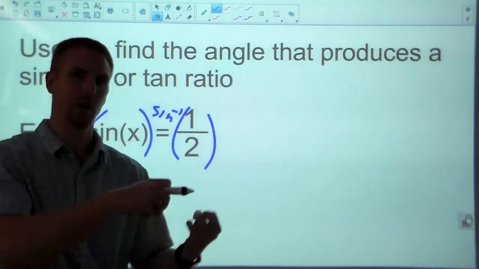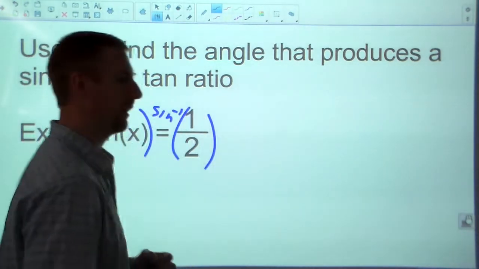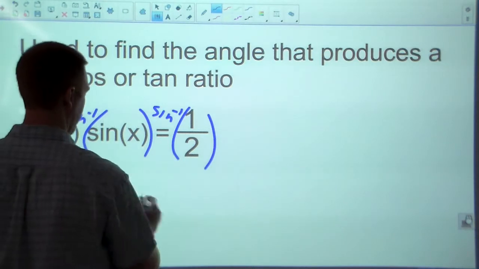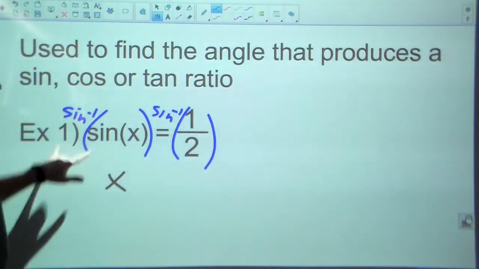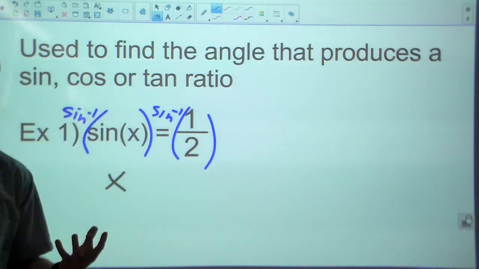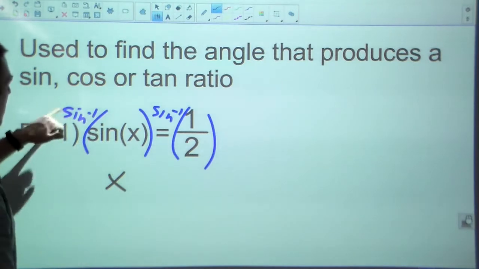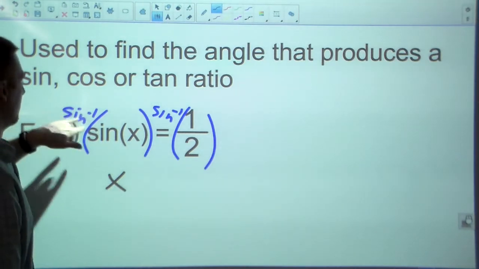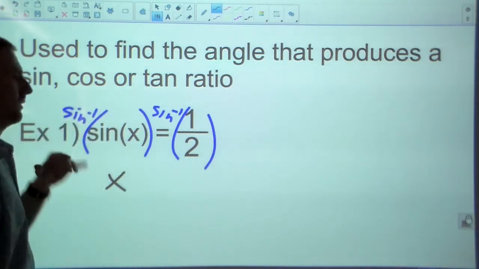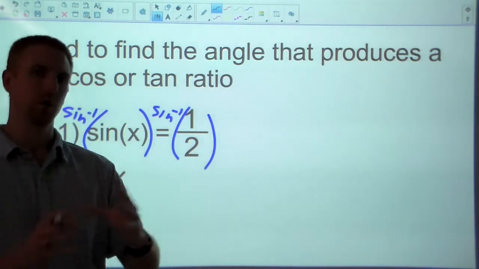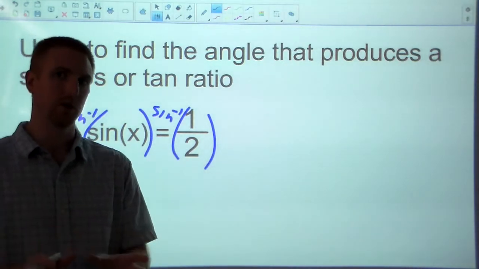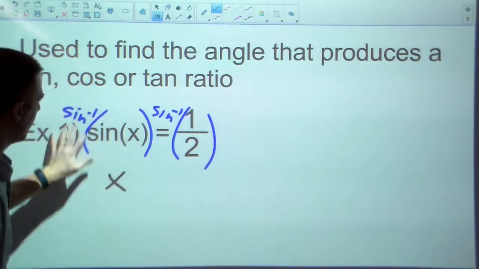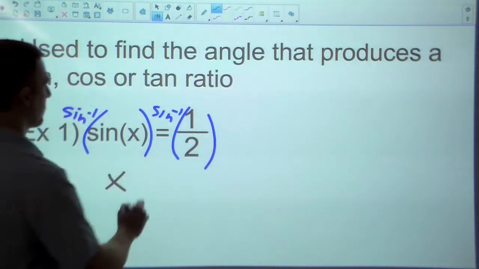The inverse function undoes the original function, so that all you're left with is x. This is where that composition idea comes in, because these are inverses. And if you compose an original function into its inverse, the result was just x. Right? That was something we talked about with composition. So that's how we know that has to work out.